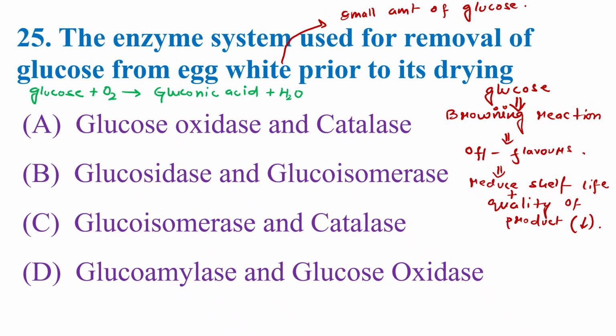We know this hydrogen peroxide is harmful over here. But after using catalase, it will break down this harmful hydrogen peroxide into water and oxygen.